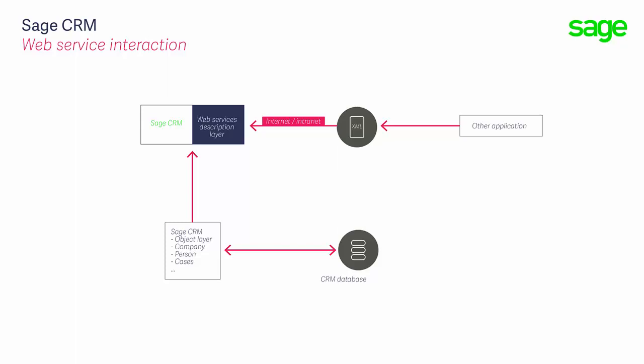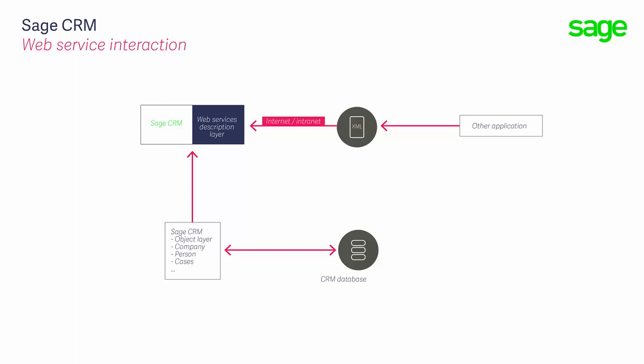SOAP is an XML-based protocol for exchanging information between systems over the web, and some other terms that we need to be familiar with are the idea of the WSDL, or the Web Services Description Language. That's an XML format that Sage CRM uses.